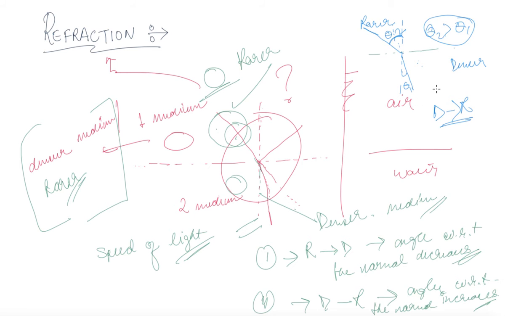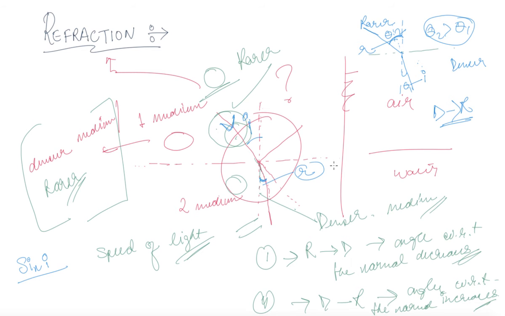So this is the concept of refraction, and the law which you can see is sin i. Say suppose the light is going from here. This is the angle of incidence, or in this case theta 1. This is the angle of incidence, and this is the angle of refraction. Sorry, pardon me, I said reflection.